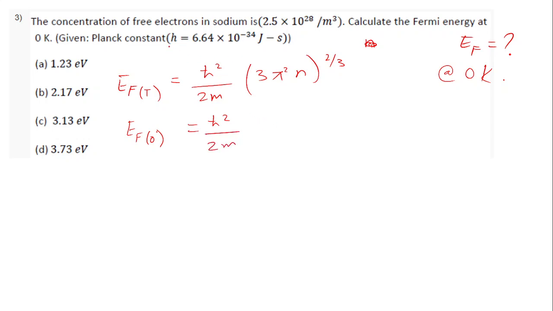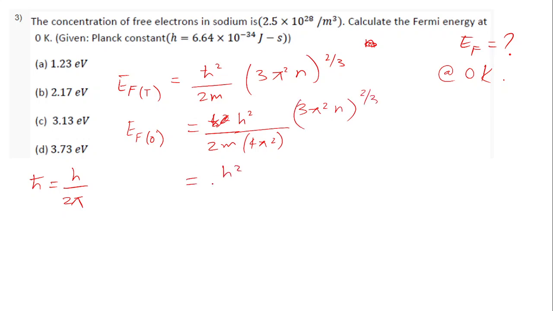Since we are given h, not h bar, which is called reduced Planck's constant: h is called Planck's constant, h bar is called reduced Planck's constant, and it is actually h over 2 pi. So we have to convert it into h. It will be better if I write h square, and this will become 4 pi square, and then this will be 3 pi square n to the power 2 by 3.